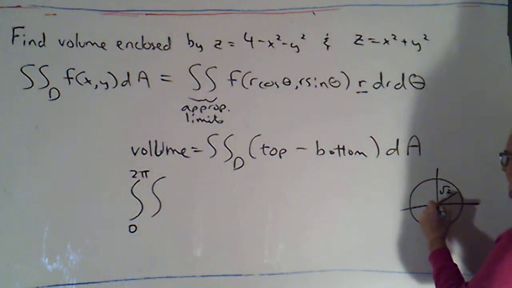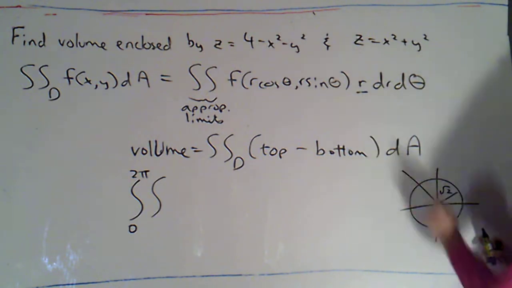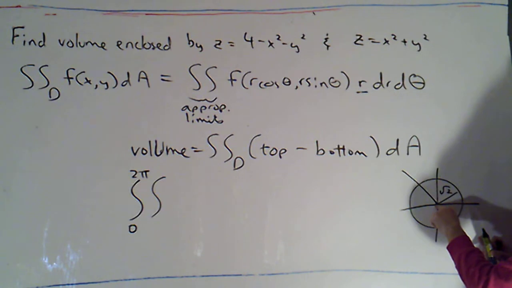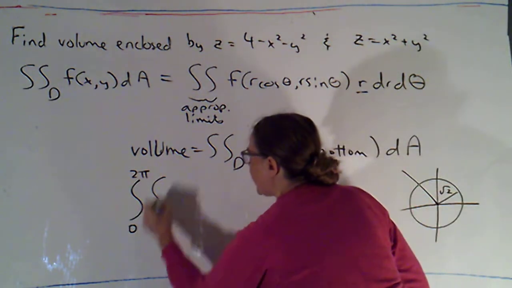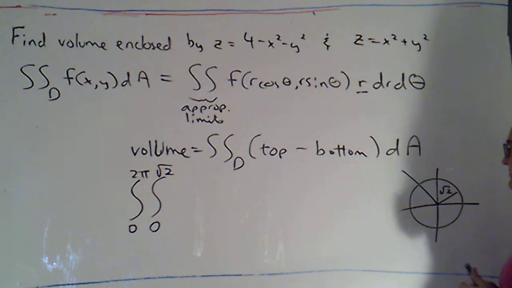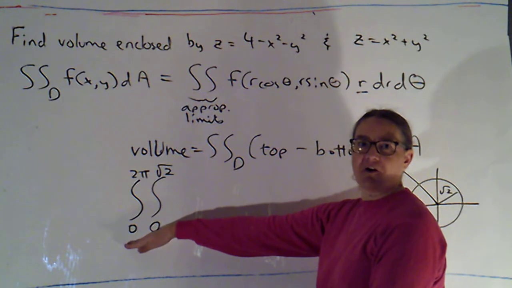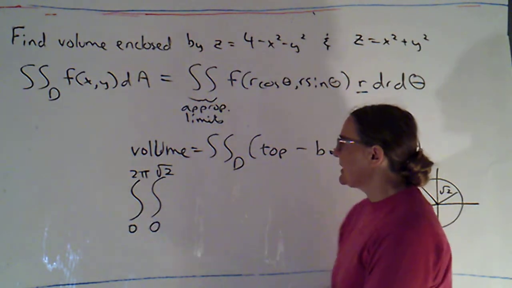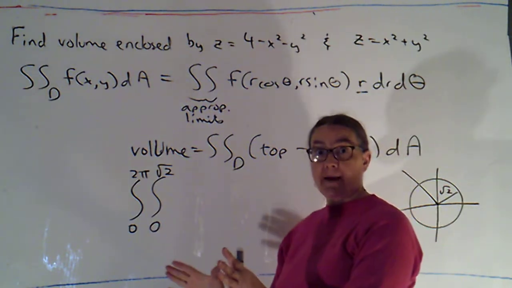And then for each fixed theta value, this is just a constant theta ray, and I can see that r is going from 0 to the radius of that disk, so we're going to have from 0 to root 2 for our r values. Okay. Anytime you're integrating over a disk centered at the origin in polar coordinates, you will have constant limits of integration for both r and theta. Okay. That's kind of nice. So in rectangular coordinates, if I had this, I'd know I was working over a rectangle.